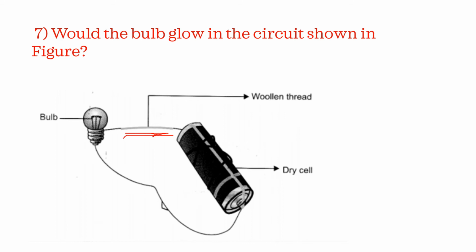Woolen thread is a non-conducting material. It is an insulator, so electric current does not pass through it. So the bulb is not glowing. Now I'll discuss.